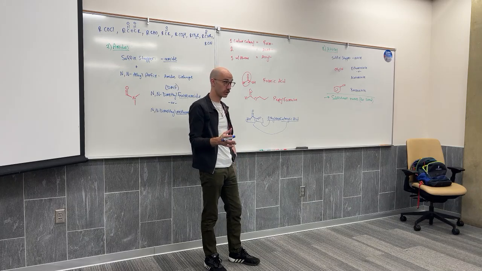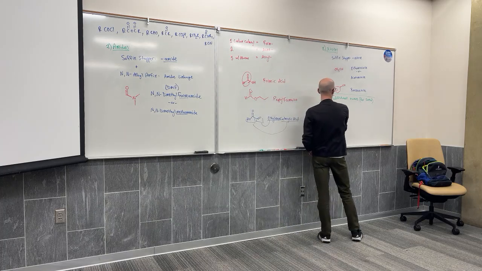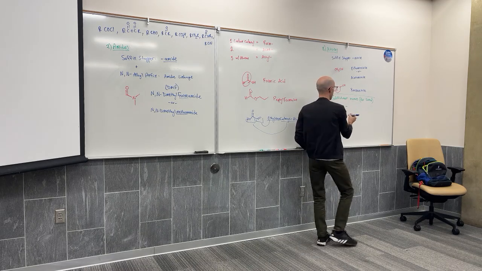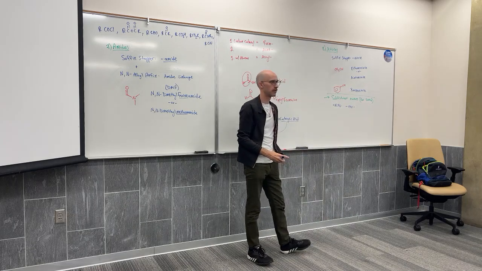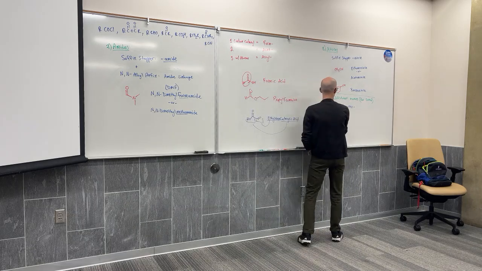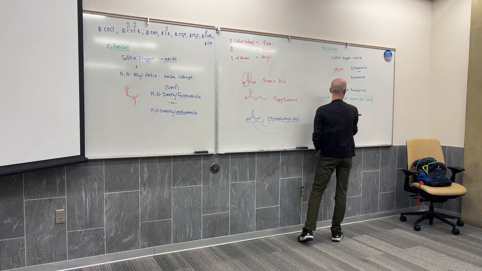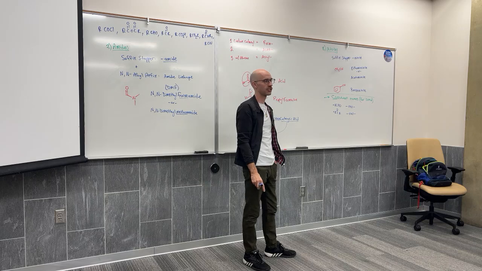Some of them are useful, and we will see them throughout the semester. So, when an aldehyde is a substituent, it shows up in the name as oxo. When a ketone is a substituent, it shows up in the name as oxo.